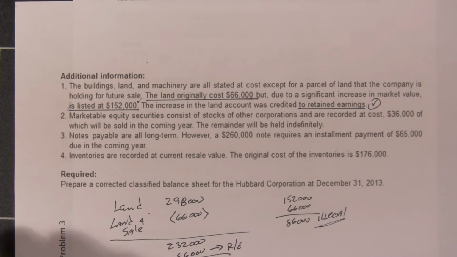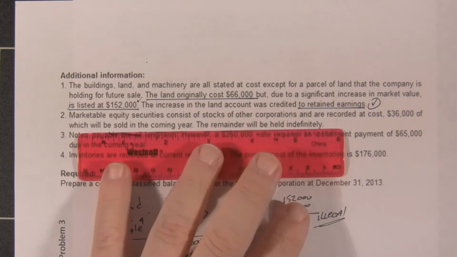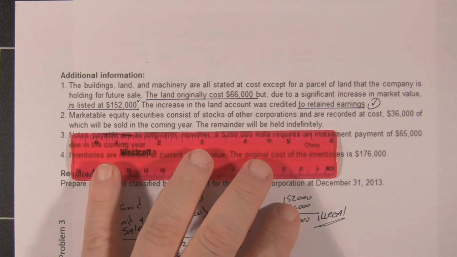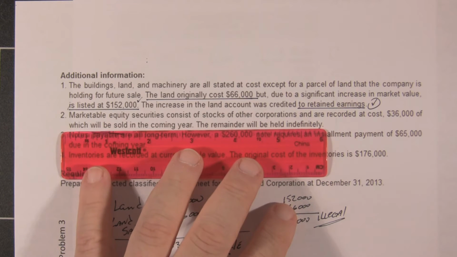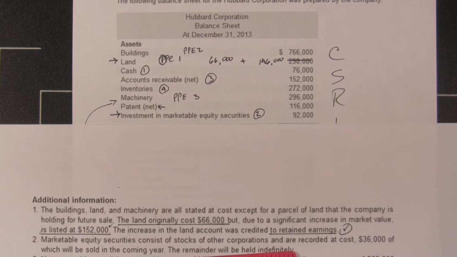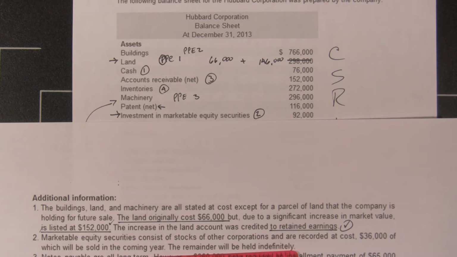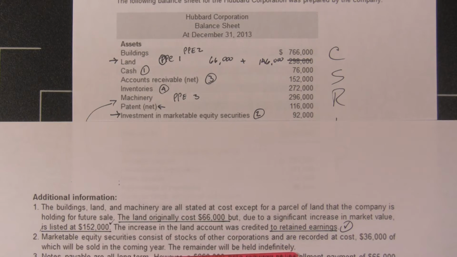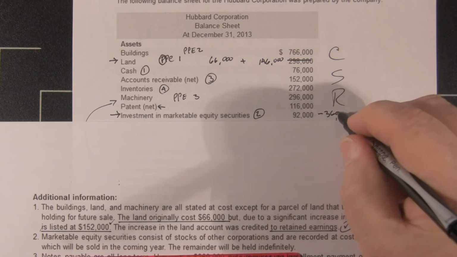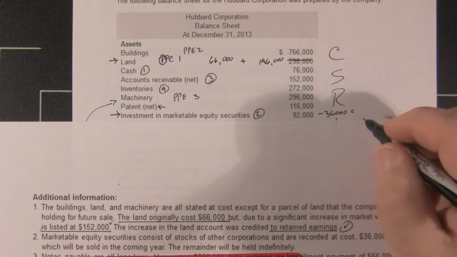Now let's see what else it tells us. The marketable equity securities consist of stocks and other corporations that are recorded at cost at 36. Good, they didn't screw that up. And which will be sold in the coming year. The remainder will be held indefinitely. So let's see what we're carrying our investments at. We're carrying investments at 92. So we have 92 minus the 36 that we're going to sell right now.